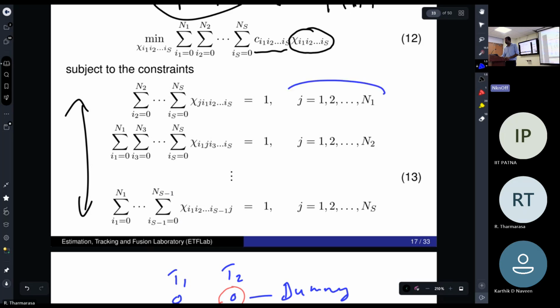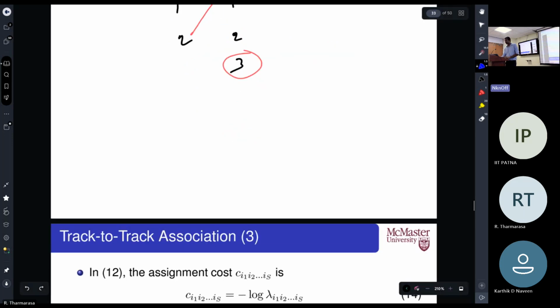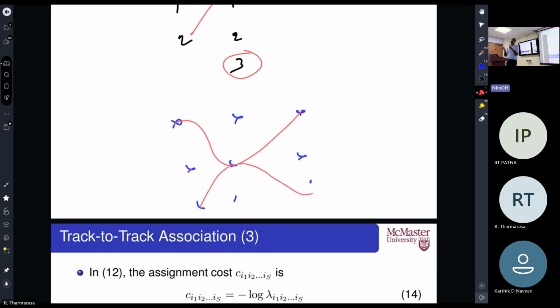For a given node, if you take the sum of all these branches going through that, for an example, if it's like this, it says that we can't have these two solutions together.